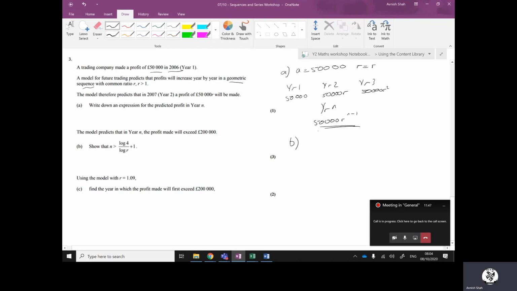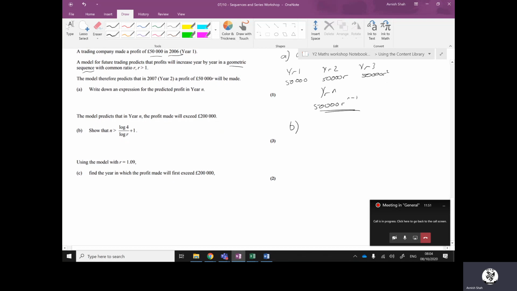Then it asks, the model predicts that in year N, the profit made in that year will exceed 200,000. Show that N is greater than log 4 over log R plus 1. So we can say that this equation that we found in part A, which tells us the profit in year N, is going to be bigger than 200,000.